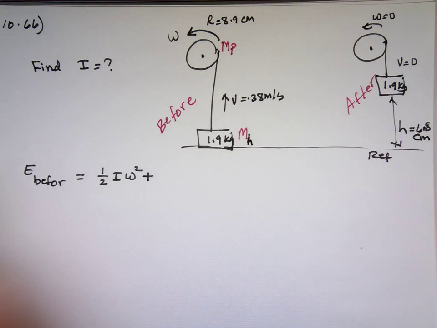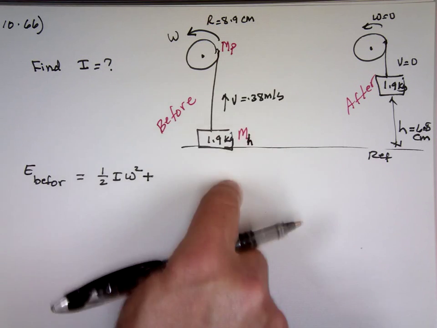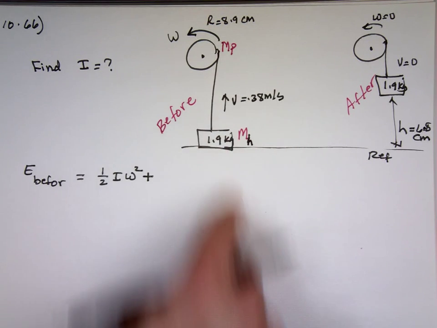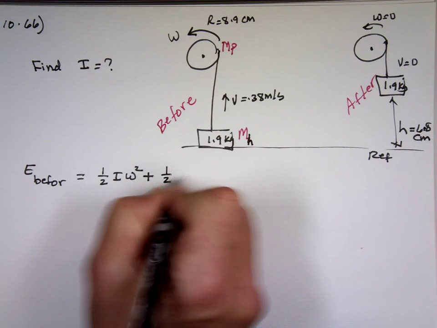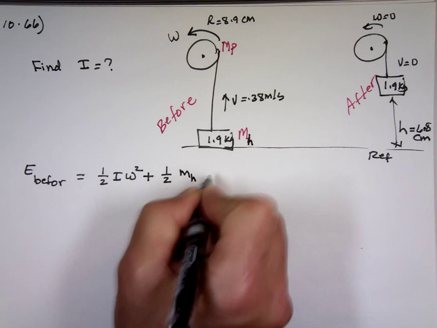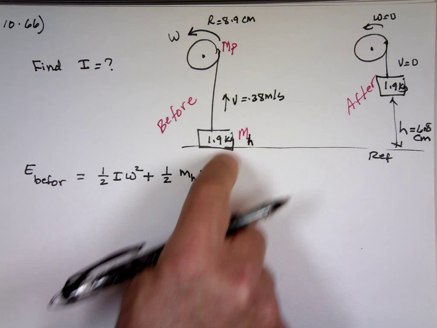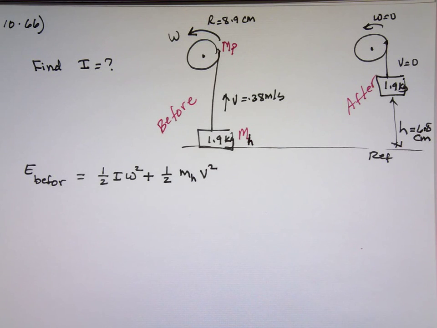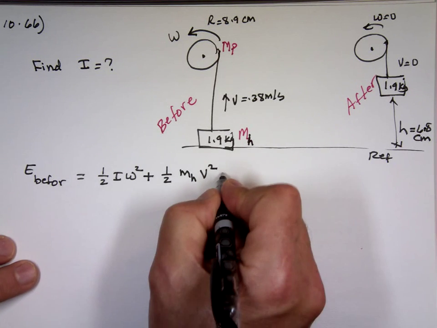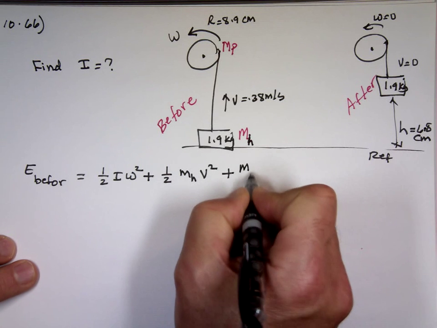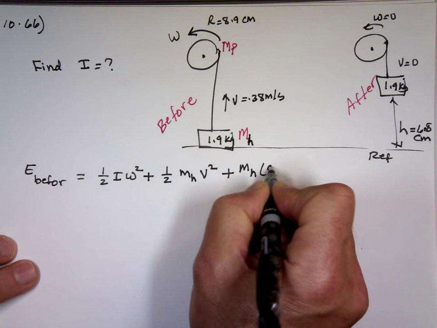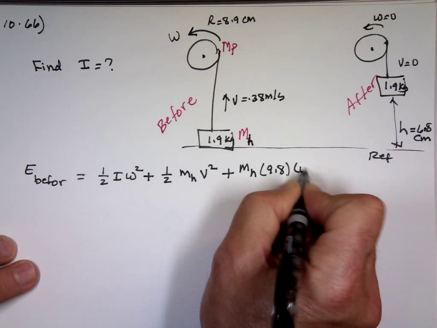This one is moving up and down, so it has kinetic energy: 1/2 the hanging mass times the velocity squared. Plus the potential energy, which is the hanging mass times gravity, 9.8, times the height, which is 0 if I use this as reference.